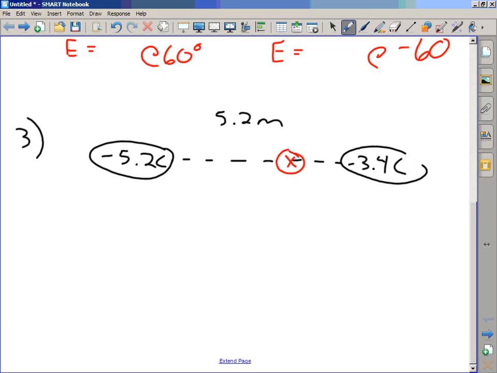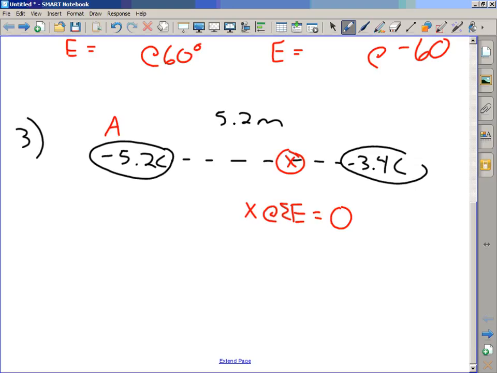I want you to find where X at, where the sum of the electric fields is going to be 0. This is going to involve a system of equations. I'll set you up on this one also.